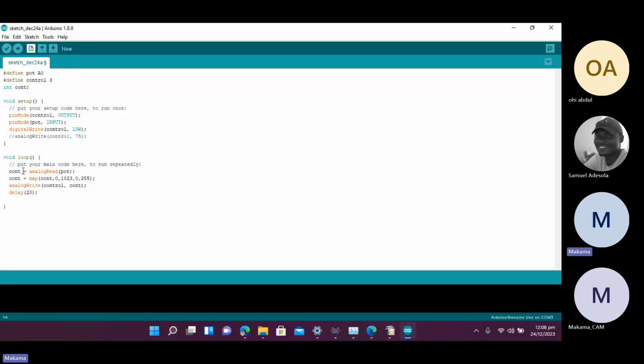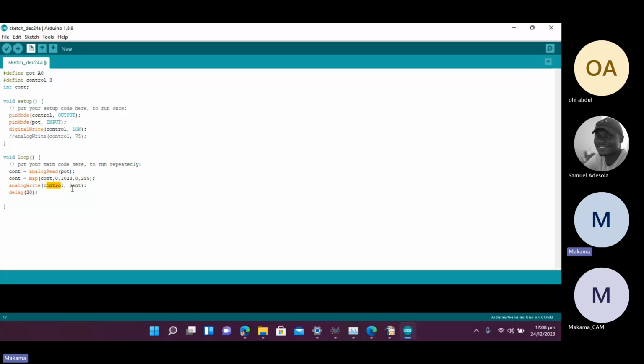So the next thing, in our loop, I take that variable we initialized at the top and assign the value of the potentiometer to it, then map that value from the range of 0 to 1023 to 0 to 255, then analog write it at our PWM pin, which is the control pin, pin 3.